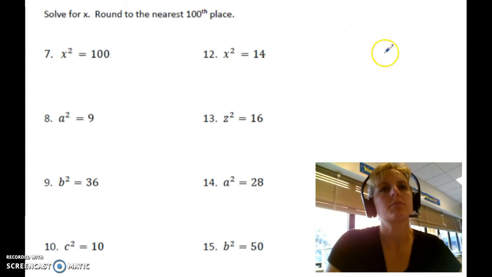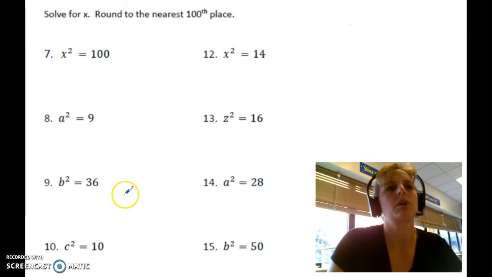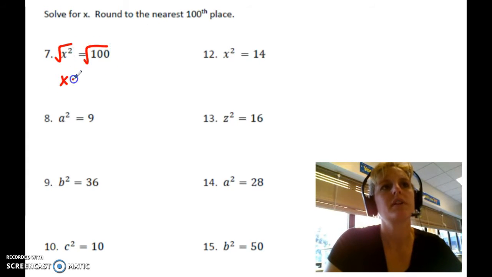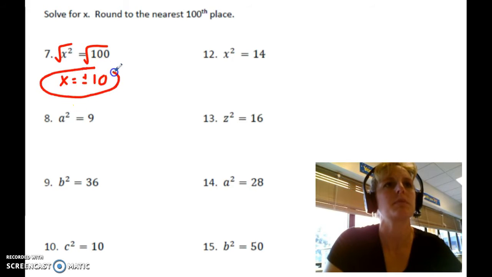On the last little piece of your notes, you've got some equations to practice. So remember, when you have an x squared equal to something, you're going to square root both sides. If your value comes out perfectly, you just go ahead and get that value. For example, 10 times 10 is 100, so don't forget the plus minus.